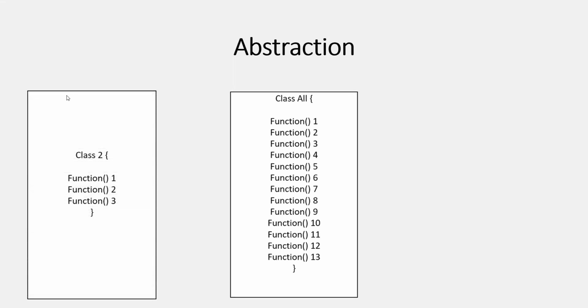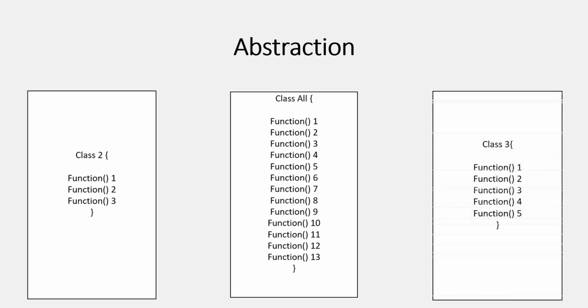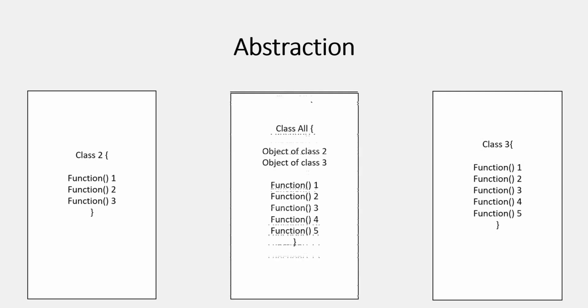For example, we can have class 2 and it has some functions related to it, and then class 3 as well, and it has its functions, and we can call those two classes by creating an object.